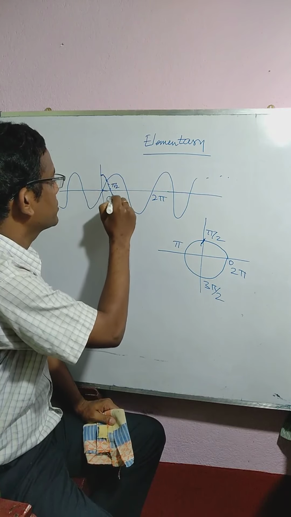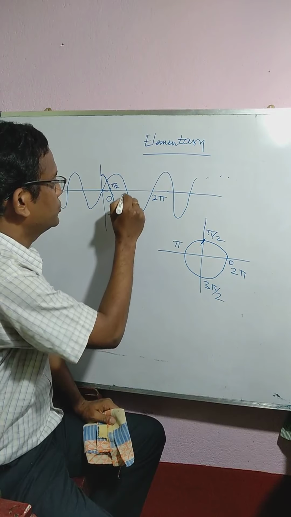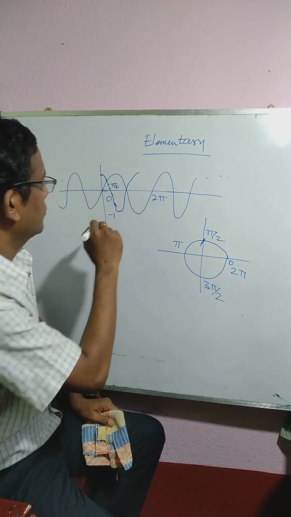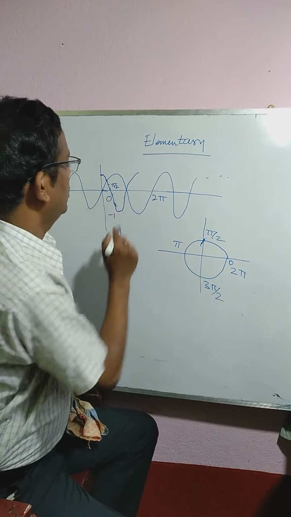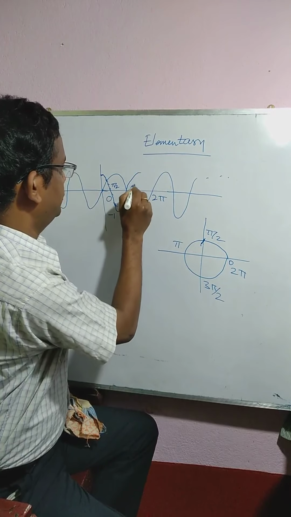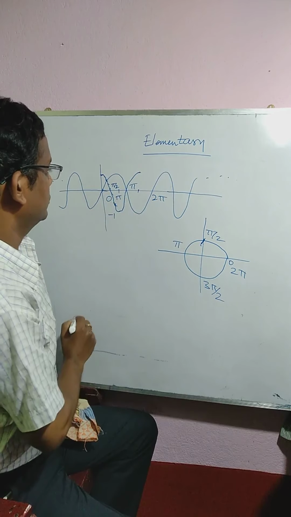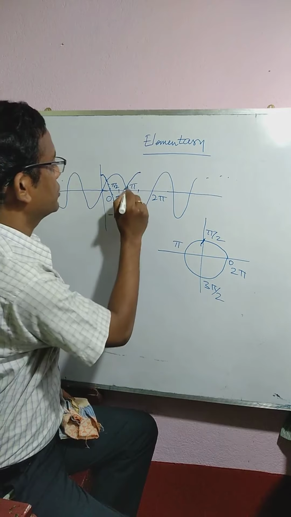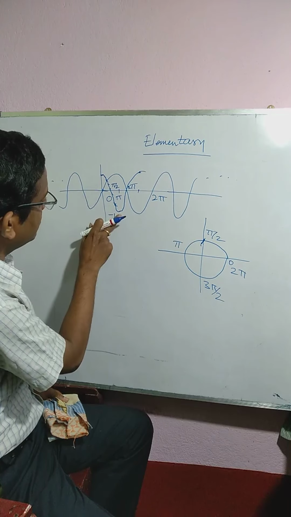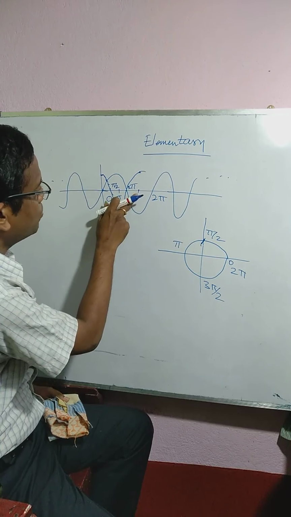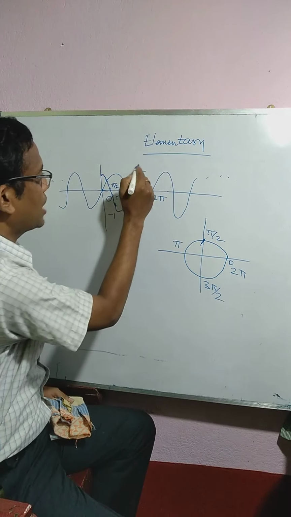At pi the value is -1, at 3 pi by 2 it is 0, and at 2 pi it has a value of +1.